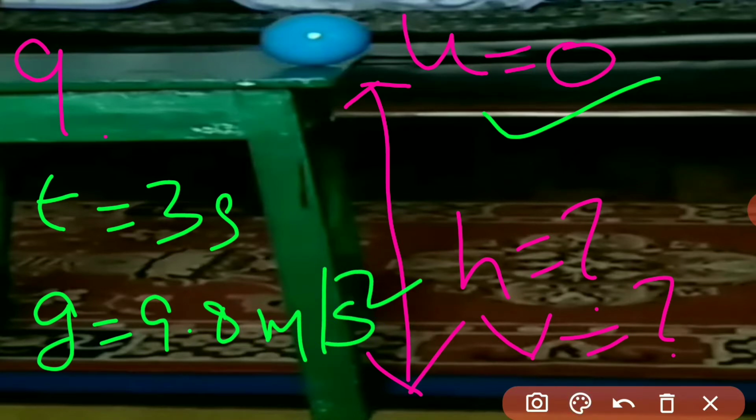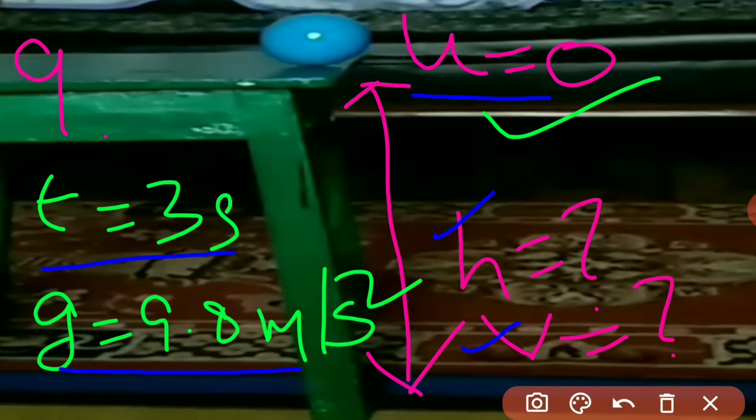With the help of these I'm supposed to find height and velocity, but indirectly they have given us initial velocity because the ball was at rest.